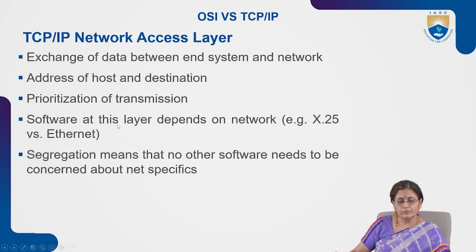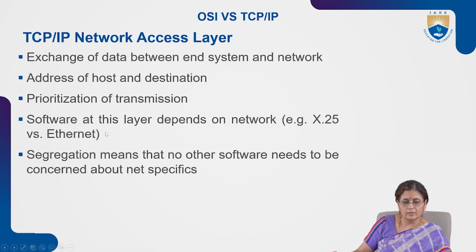Whatever the software we are using, it will depend on the network. The network example is X.25 versus the Ethernet, and the software example is this one. Segregation means that no other software needs to be concerned about the network specifications.